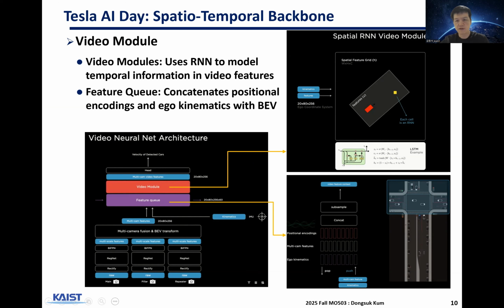And if you watch the video, they actually considered all three options: 3D CNN, transformer, and RNN. And they decided to use RNN, but note that they call it spatial RNN.